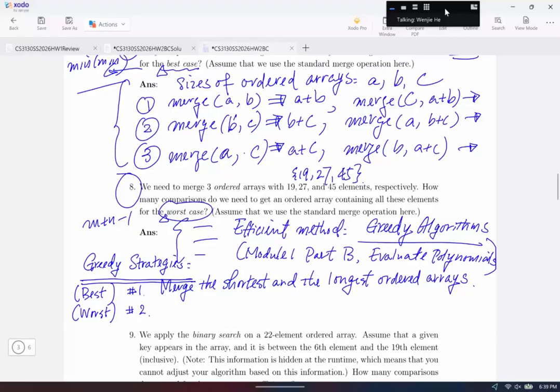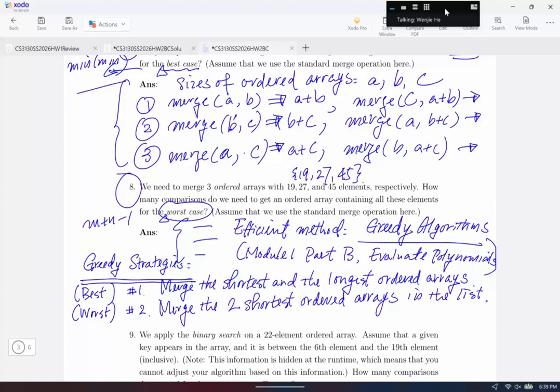Strategy number 2, merge the 2 shortest ordered arrays in the list. In this way, you only need to do it once.